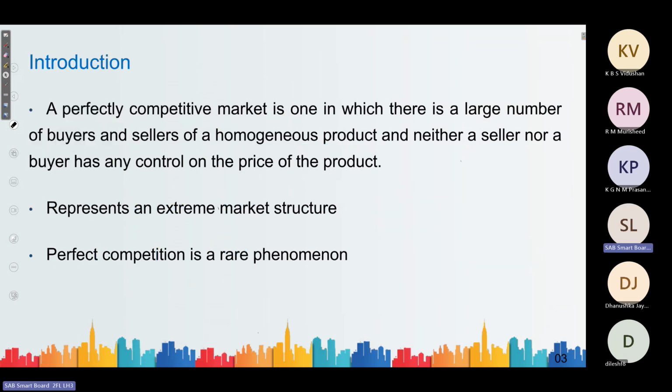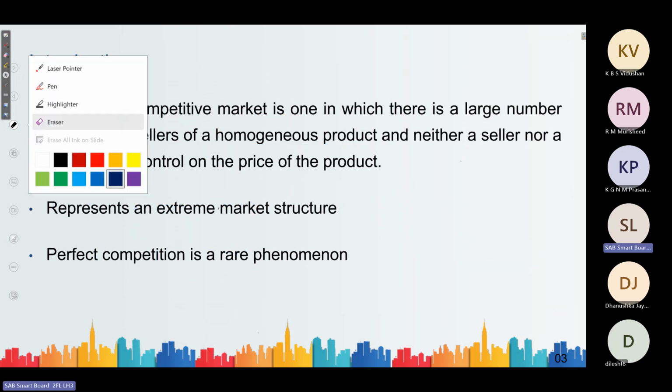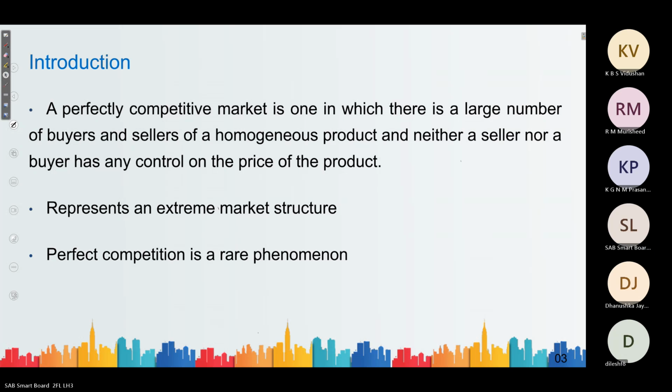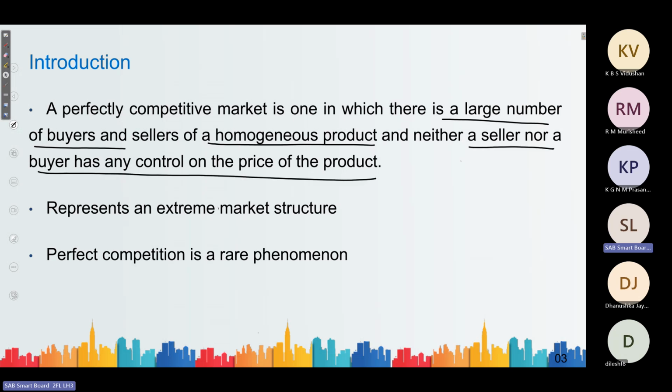Okay. So those are the key features. We have a large number of buyers and sellers. Product is homogeneous, and both buyers and sellers are price takers. Since they don't have any power to control the price, they are price takers.